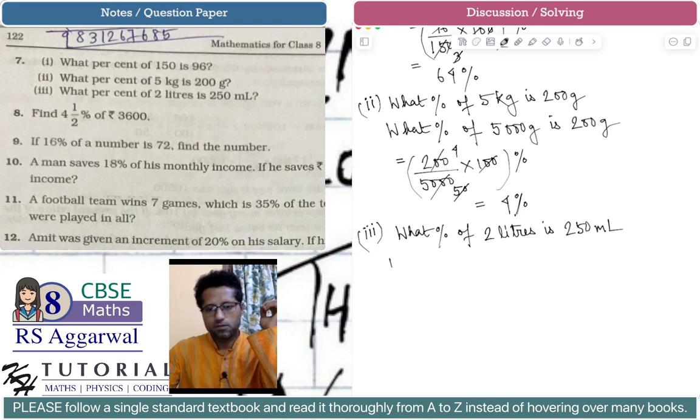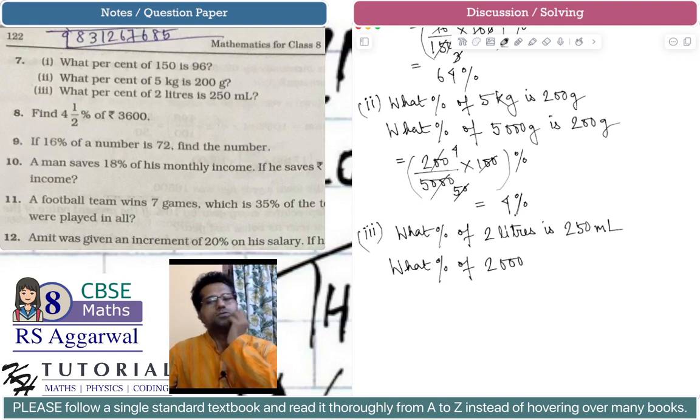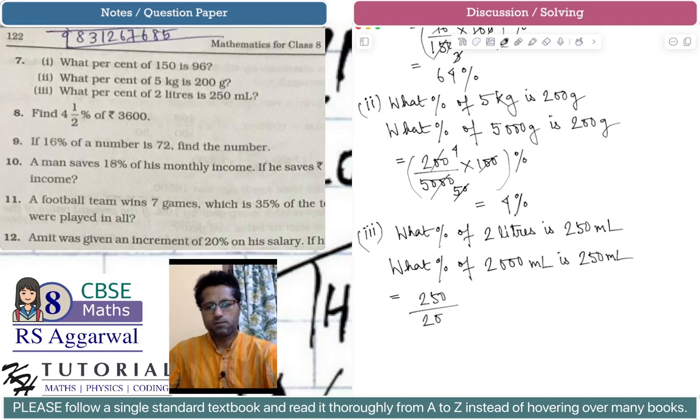So the question becomes, what percentage of 2000 milliliter is 250 milliliter, because 1 liter is 1000 milliliter. So the percentage will be 250 divided by 2000 multiplied by 100.